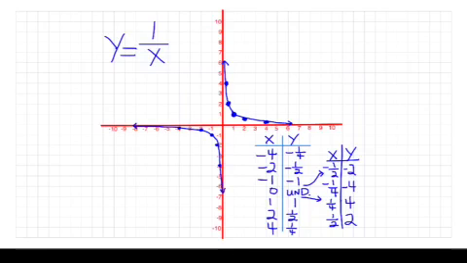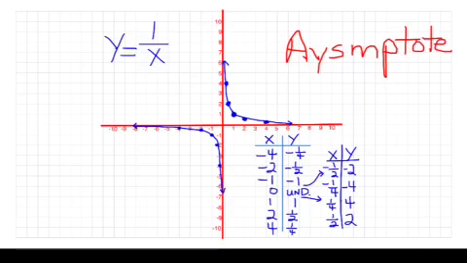We call the x and y-axis in this case asymptotes. An asymptote, misspelled that one. An asymptote is actually a line that a graph approaches but never reaches.